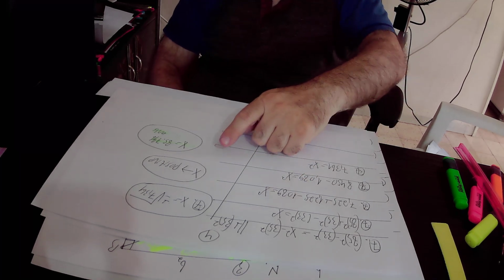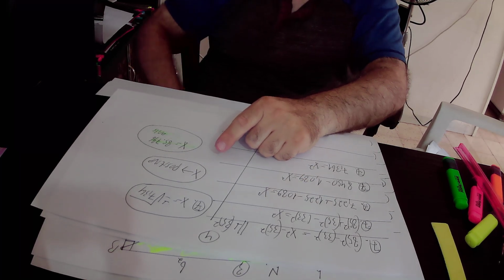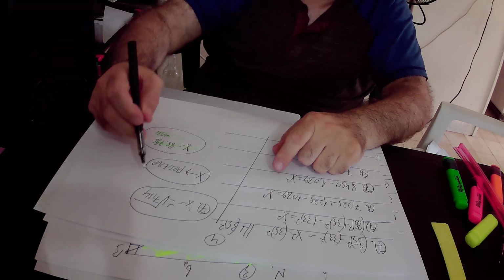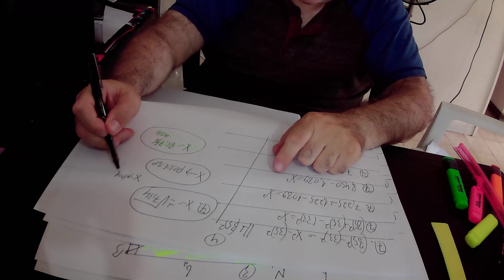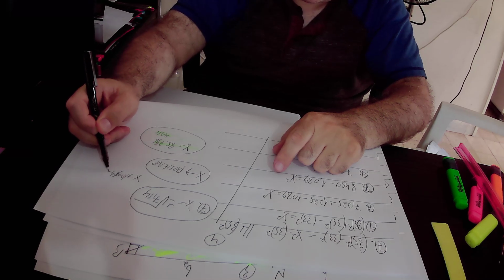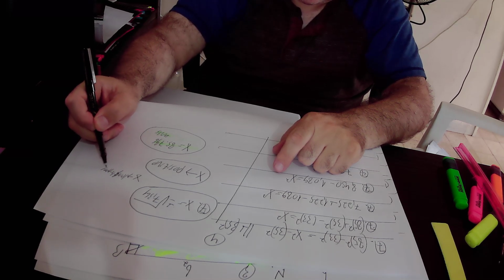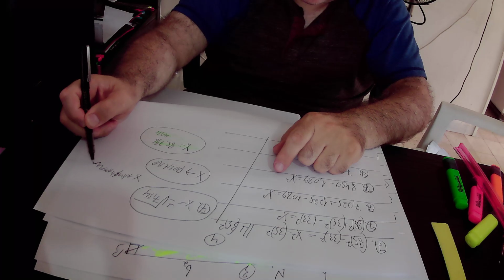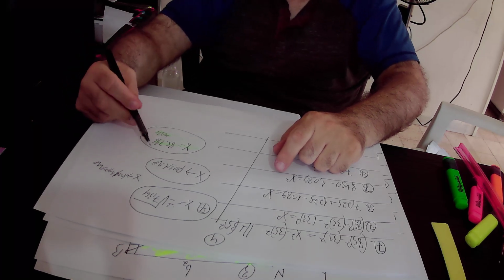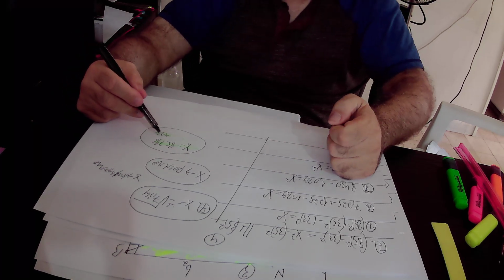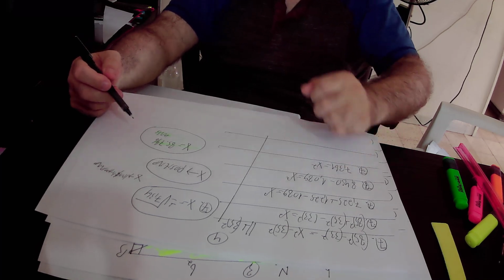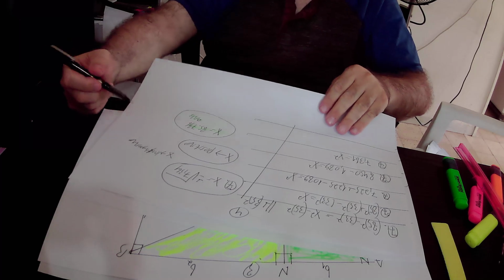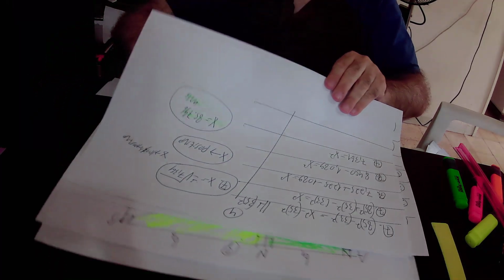But because x is a length, it must be a positive number. Therefore, we take into account only the positive solution. That is to say, x equals 85.796 units.